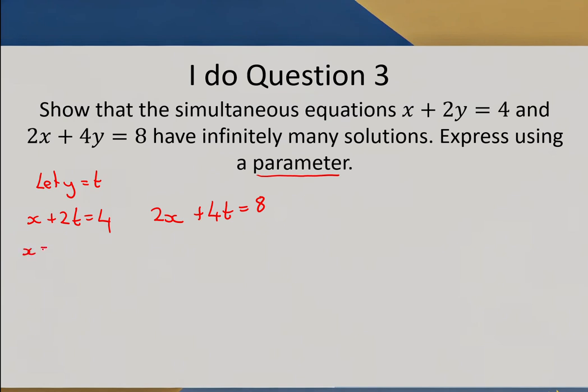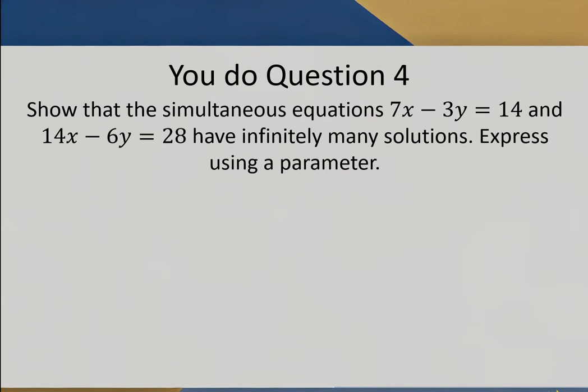So x is equal to negative 2t plus 4. I'm just going to stick with this part here. I don't need to worry about the other equation because we know that they're identical. Now, that means I'll be writing my equation as x is negative 2t plus 4, y equals t. It helps me be able to see every solution to be able to write it.